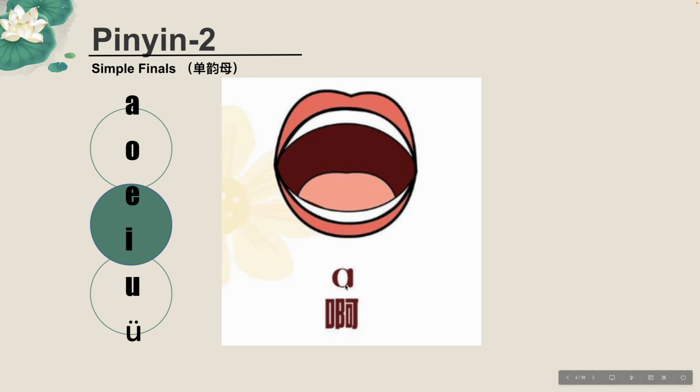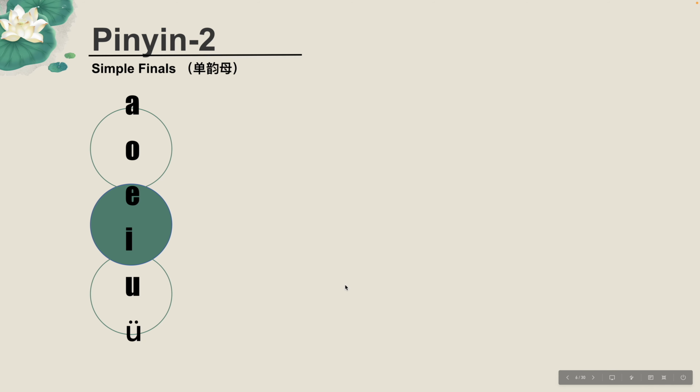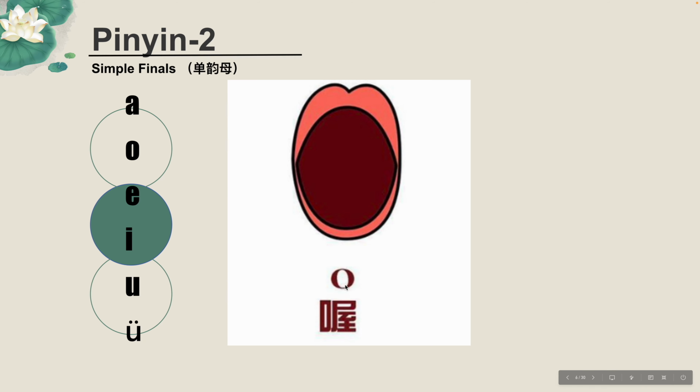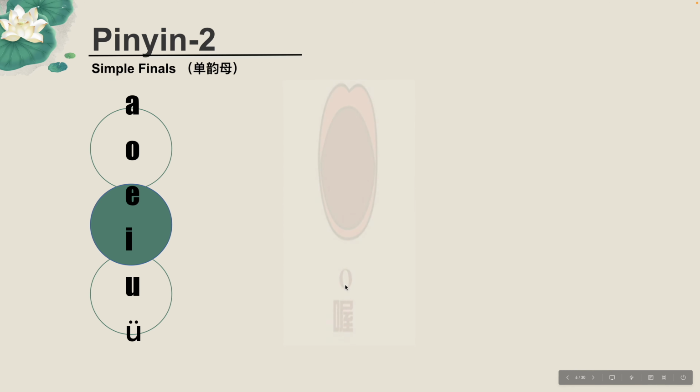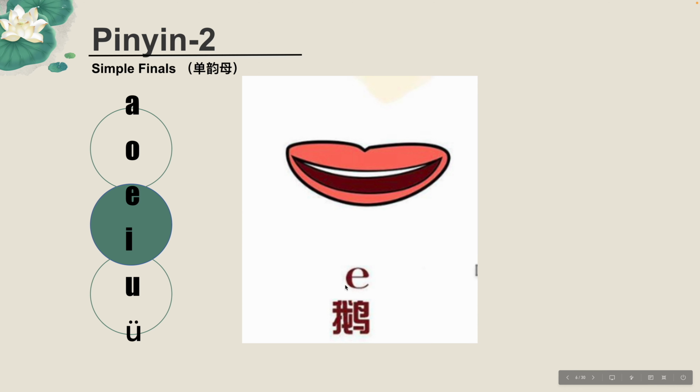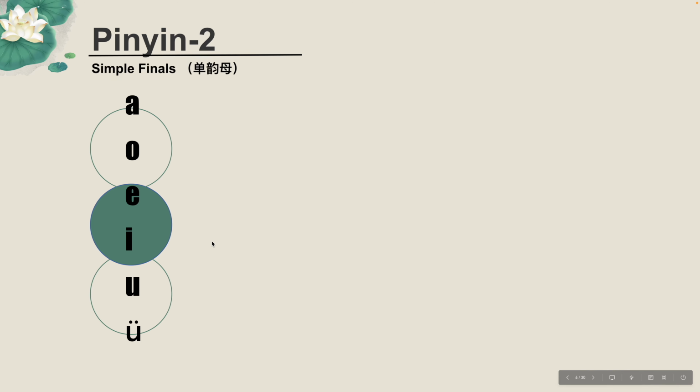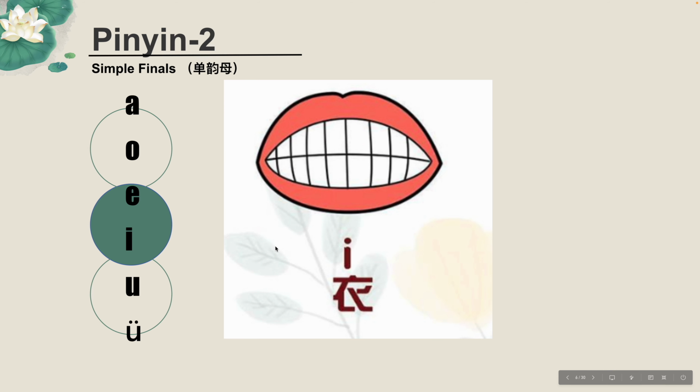Ah, ah, ah. When you try to pronounce the o, you make your mouth a circle. O, o, o. When you try to pronounce the e, you need to make a flat mouth. And when you pronounce the i, you don't forget to align your teeth.